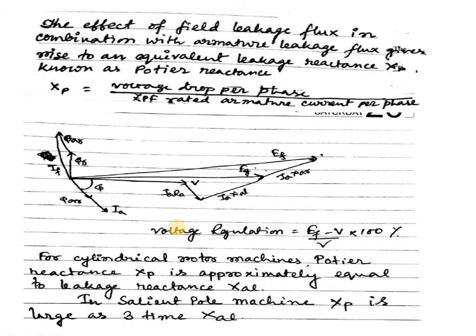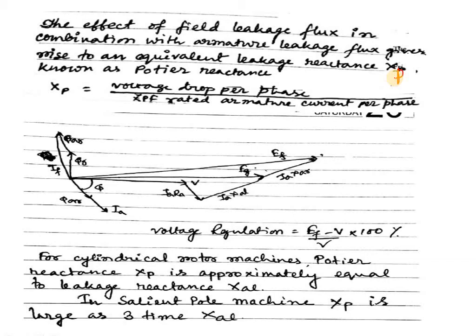The effect of field leakage flux in combination with armature flux gives rise to an equivalent leakage reactance, known as Potier reactance, XP. This is XP, the Potier reactance. We can write XP equals the constant voltage drop divided by the ZPF rated armature current per phase.